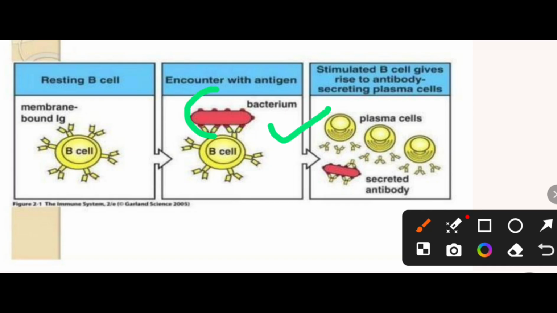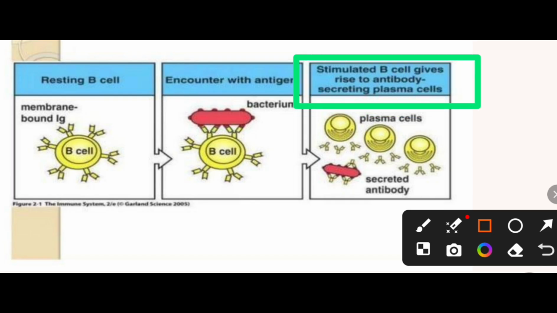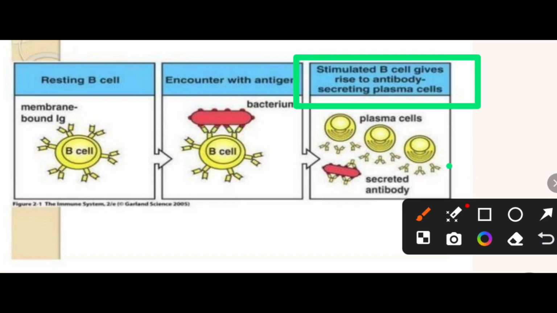So this is a bacteria, and suppose the B cell encounters a bacterium, then this stimulated B cell gives rise to antibody secreting plasma cells. So these are plasma cells, which are secreting antibodies.